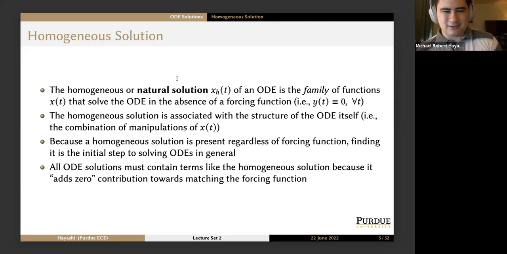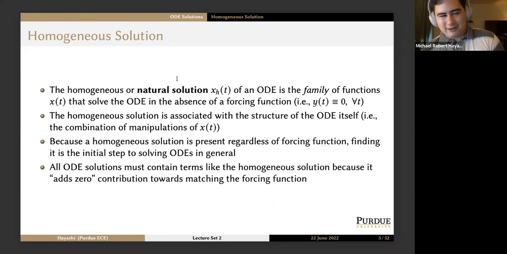And since it is going to appear regardless of the forcing function we choose to have, it's basically the initial step in solving any ordinary differential equation. So we're going to go through this process no matter what, basically. So it's definitely worth studying.